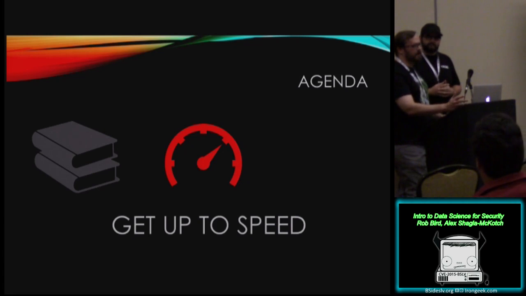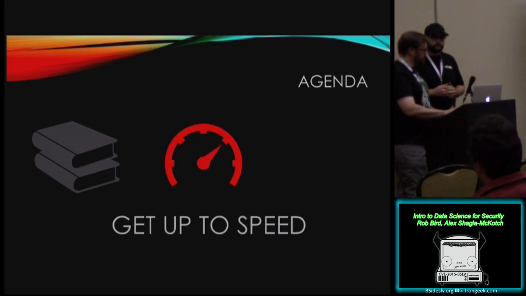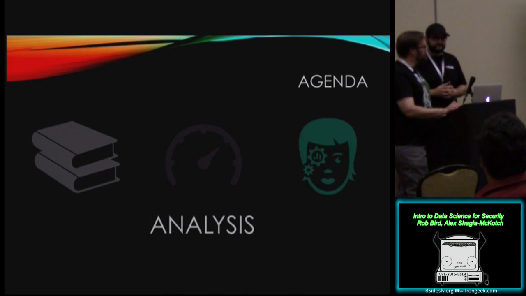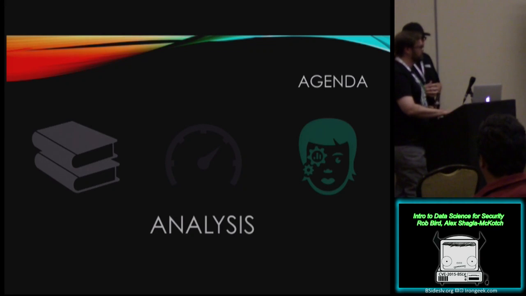If you've never done data science before, you will have to know some terminology, just like you have to know terminology for security. But hopefully we will not drop our microphones here. And then finally we'll start looking at some data and apply some of these methods. We'll apply it to all kinds of different data just to keep it diverse and interesting for everybody. So with that, I'm going to hand it off to Alex, and he's going to start off with our background.